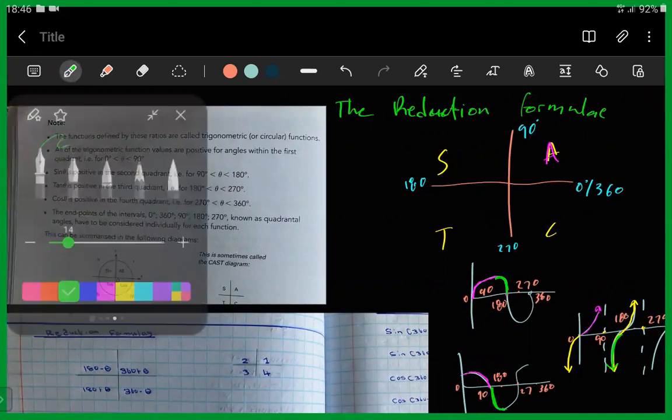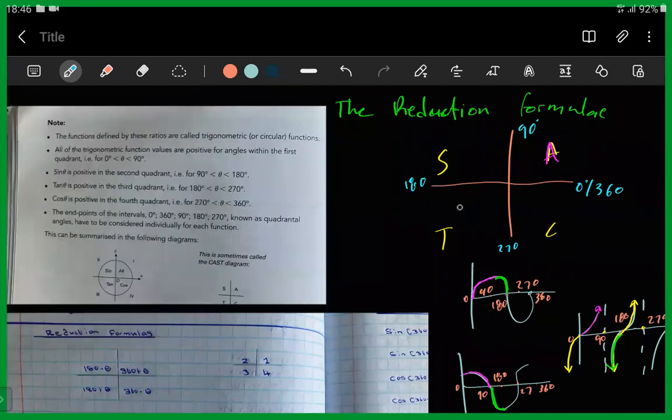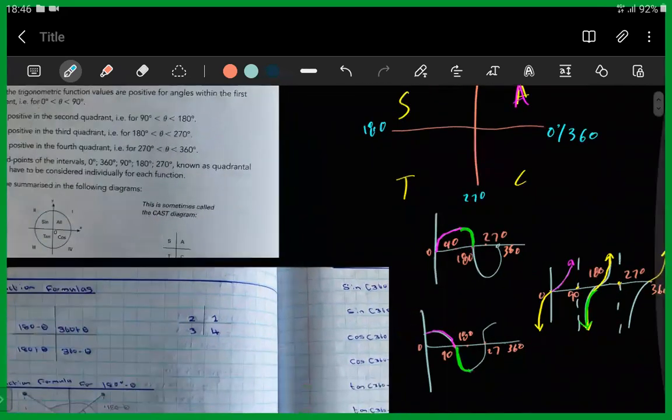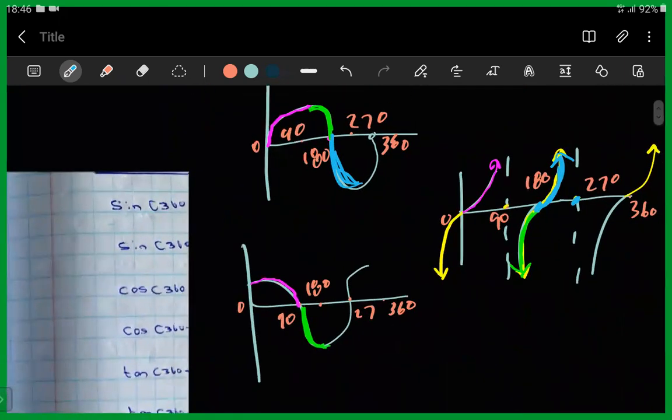If you carry on, the same is true for the rest of the images, because from 180 to 270, only tan has positive Y values. The rest have negative, you see, negative over here, negative over here.